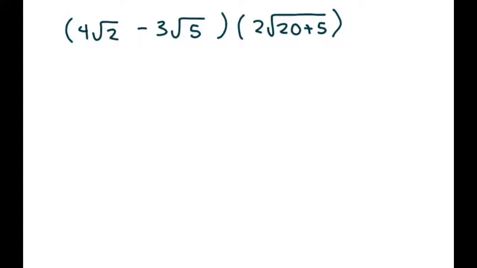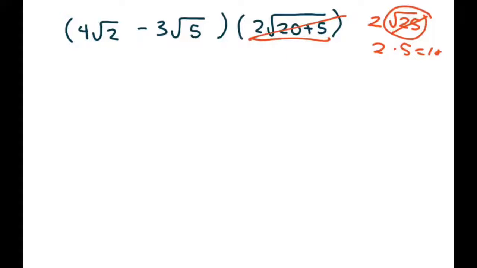And your next one is this one. The first one I'm going to take care of is this, 20 plus 5, which is square root of 25. So here we have 2 times the square root of 25. The square root of 25 is just 5, and 5 times 2 is just 10.